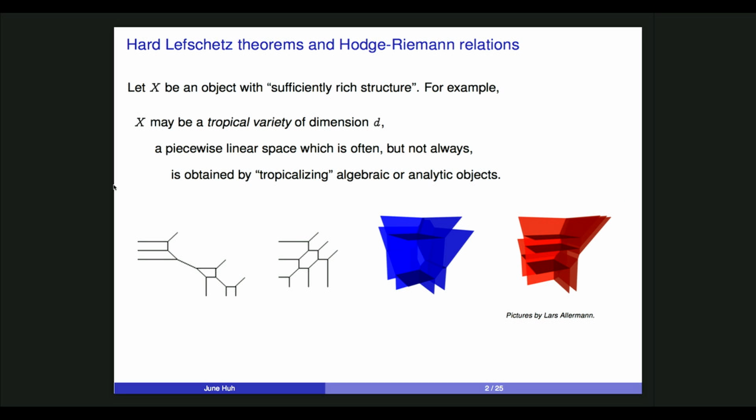Whatever the tropical variety is, they look like that: piecewise linear objects, sometimes constructed from algebraic varieties, some other times constructed from other combinatorial or algebraic or analytic structures. That, I believe, should count as an object with sufficiently rich structure.